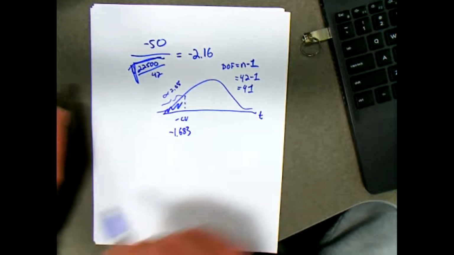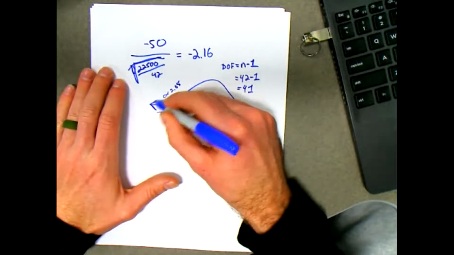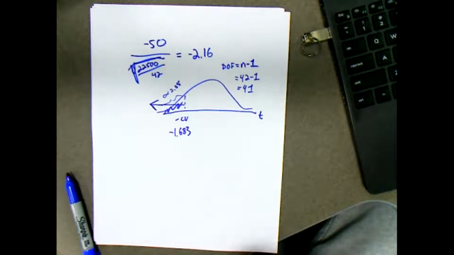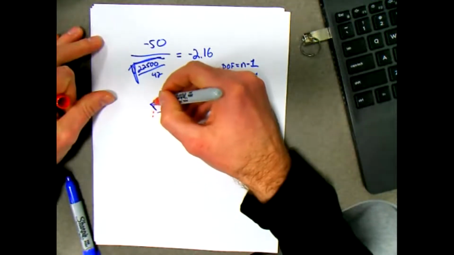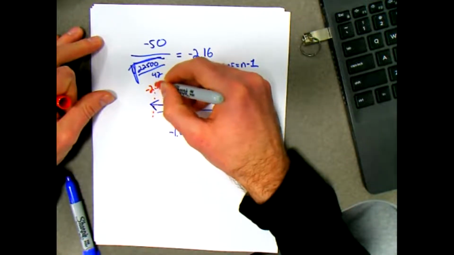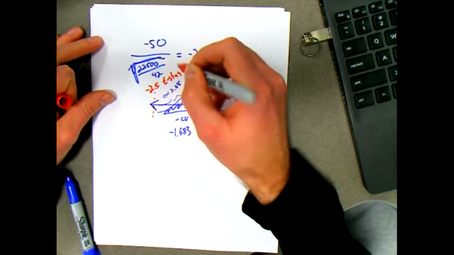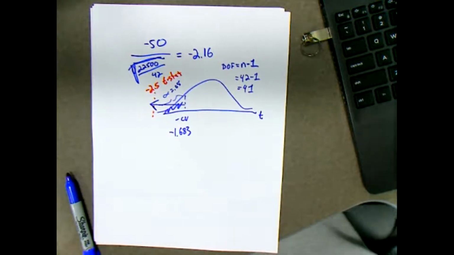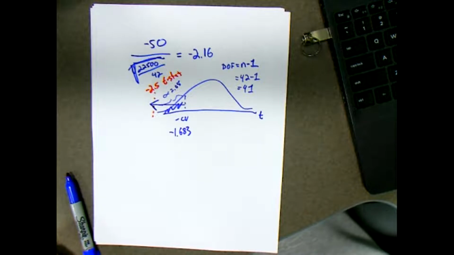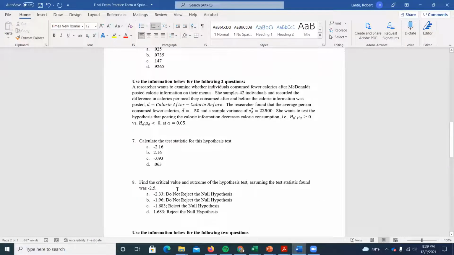So -1.683, and my rejection region is the area to the left. If I plot that assumed true test statistic of -2.5, that's clearly in the rejection region. So when I go back to the answers here, it should be -1.683, and I clearly reject the null.